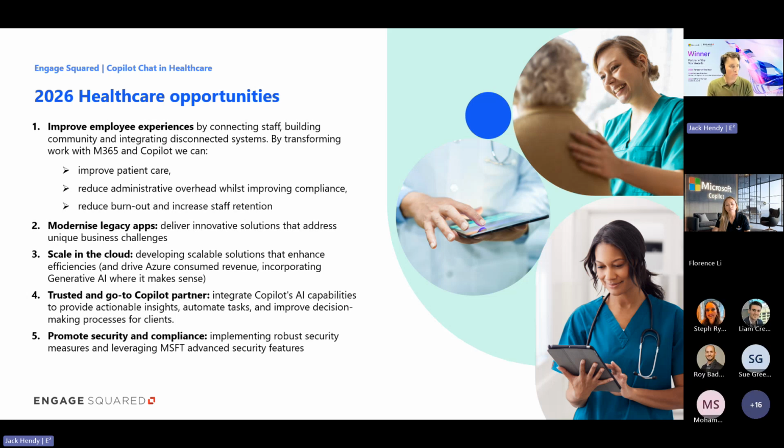So, focusing on improving patient care and reducing some of that administrative burden and load for our practitioners and for our staff members, and giving them time back to do the work and to focus on the patients that they're looking after. How do we empower that?